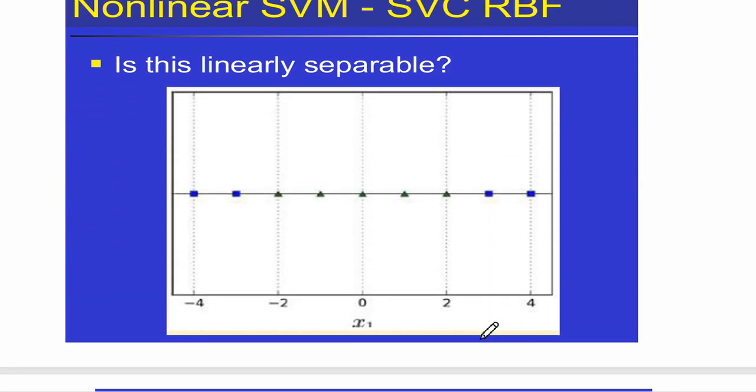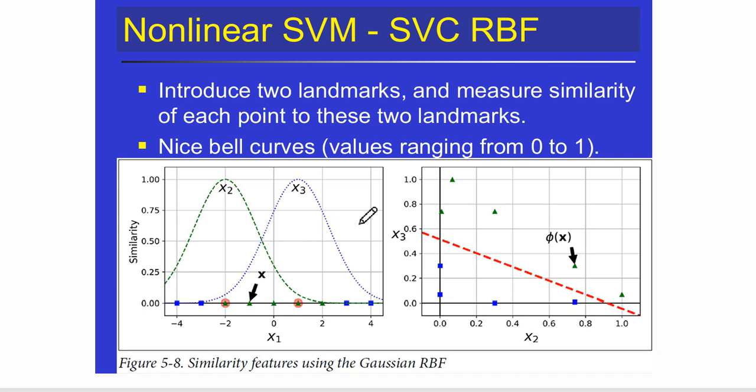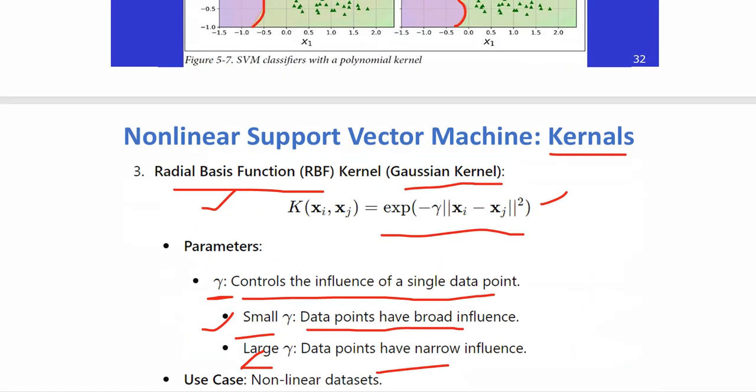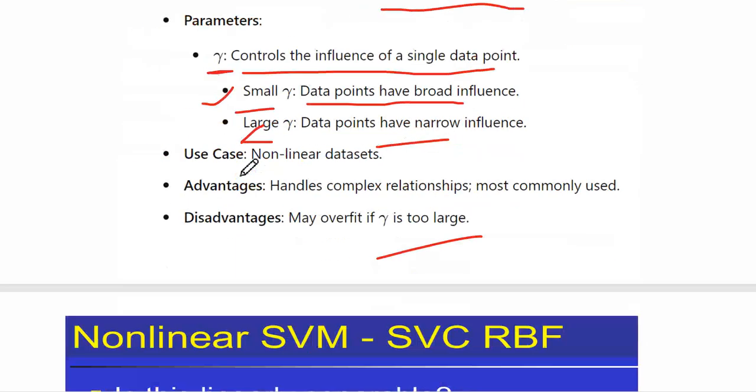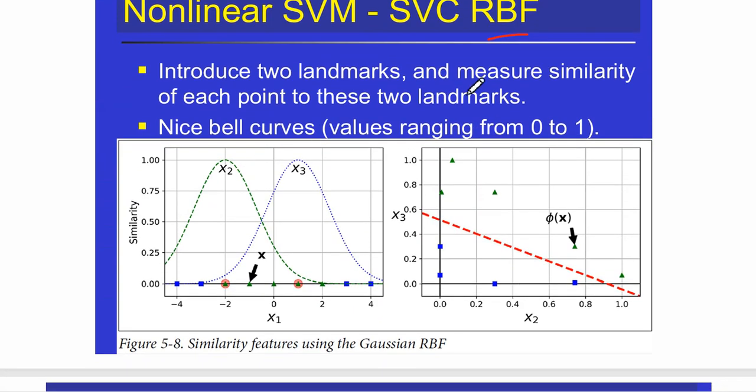Okay, so this is another example as we have already seen. How we are implementing that radial basis function, also called the Gaussian kernel: here we measure the similarity of each point to these two landmarks.